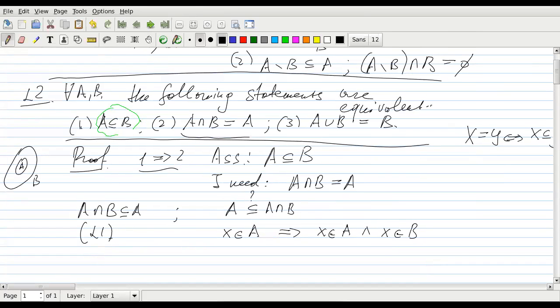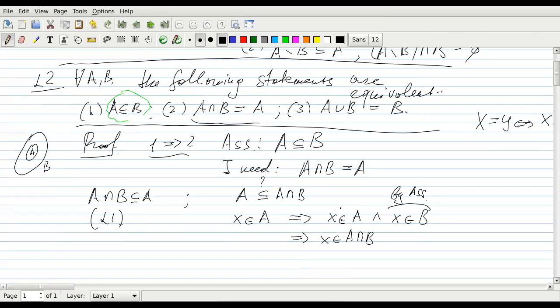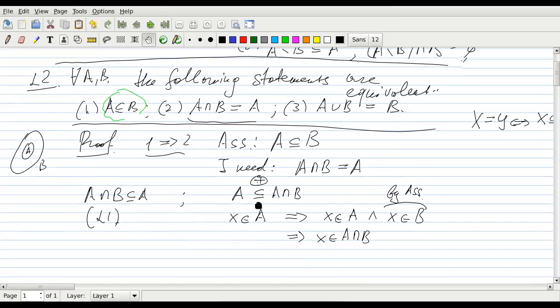Because A is a subset of B, by the assumption. That is, x is indeed an element of the intersection. So we have two inclusions which result in equality.